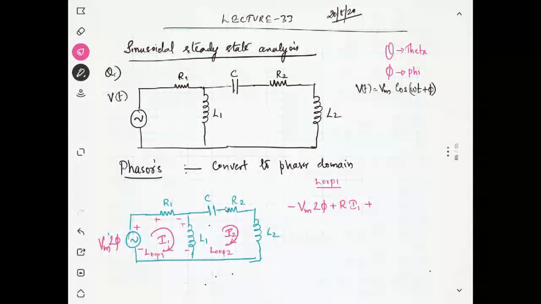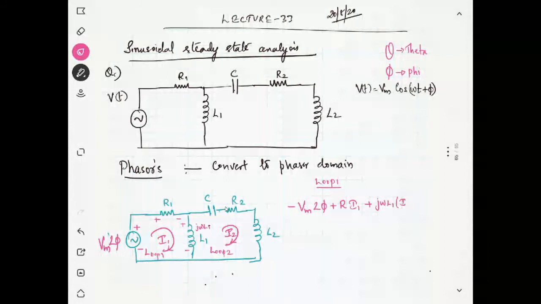We will use the phasor representation for L1. What is the phasor representation for L1? It's j omega L1, am I correct? We will convert later, that's another thing.